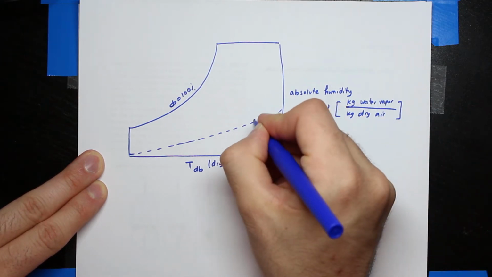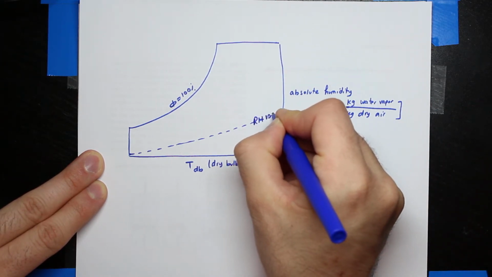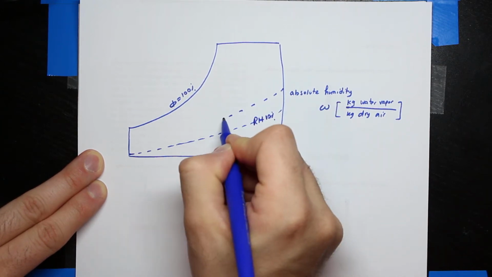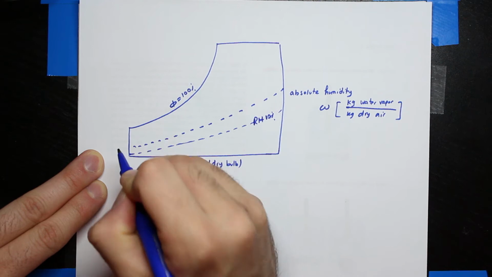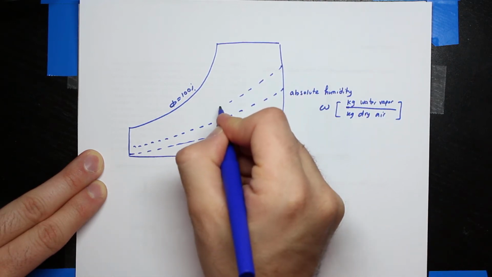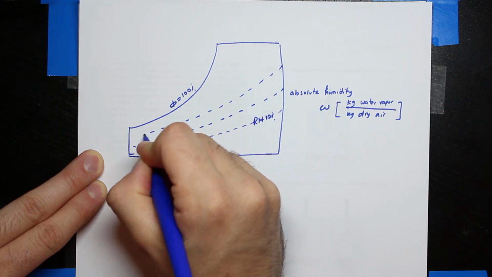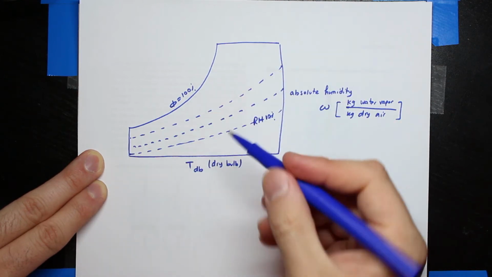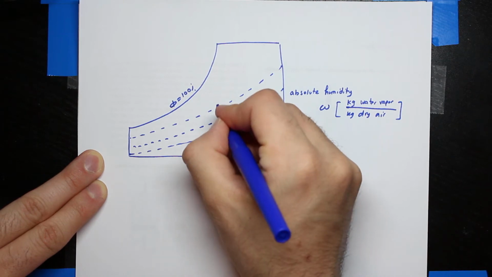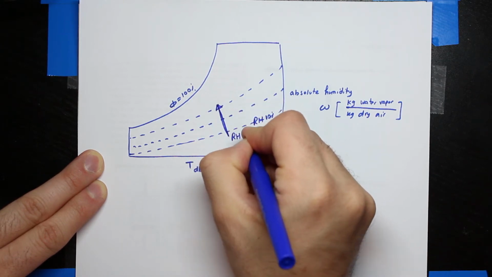For instance, this can be relative humidity 10%, another line like this can be relative humidity of 20%, and this one can be relative humidity of 30%. As I said, going in this direction, the relative humidity increases.